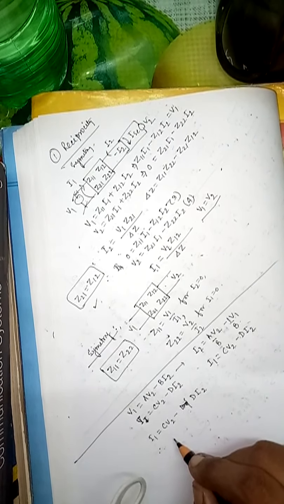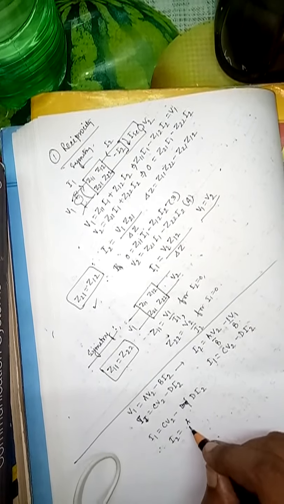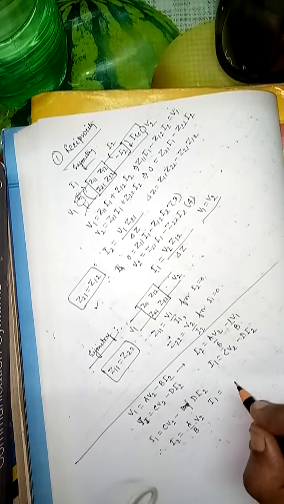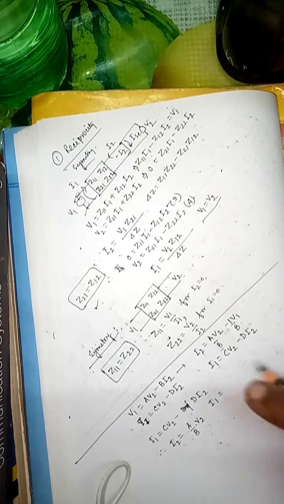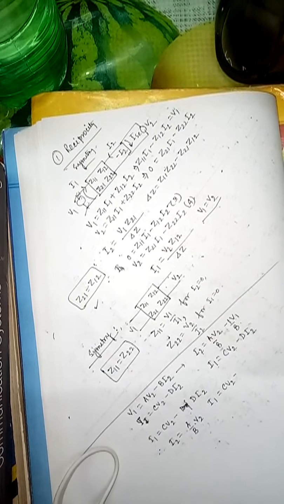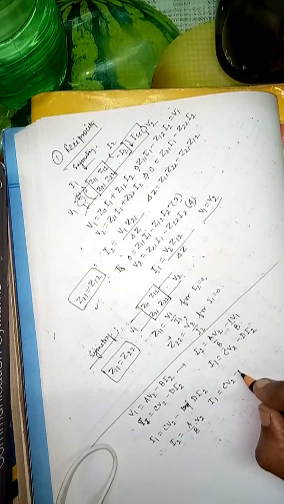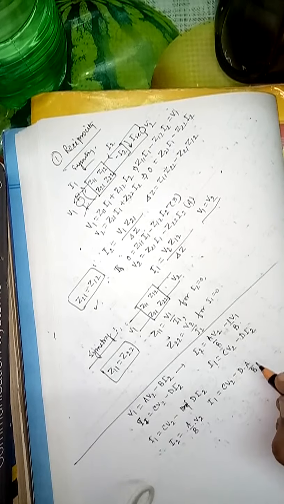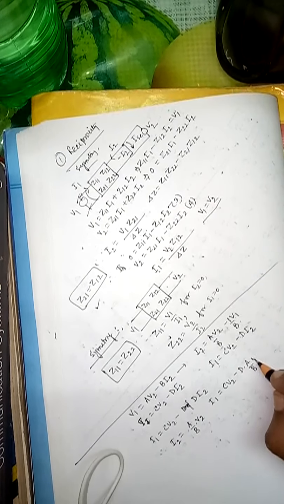So I2 equals A by B into V2, and I1 equals CV2 minus DI2. I2 means here, D A B, that is V2.